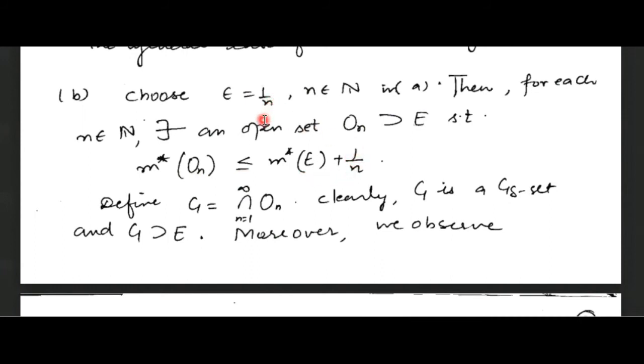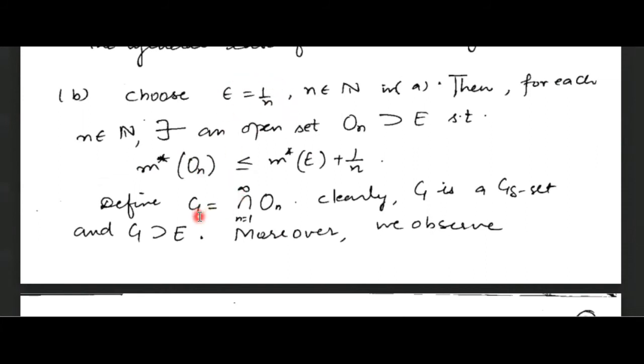When you take n to be 2, means epsilon to be half, then corresponding to this epsilon, we get some O_2 which contains E such that the outer measure of O_2 is less than or equal to outer measure of E plus half, and so on. So by using part A, we get a collection of open sets O_n depending on this epsilon.